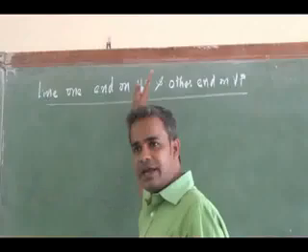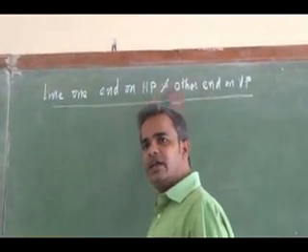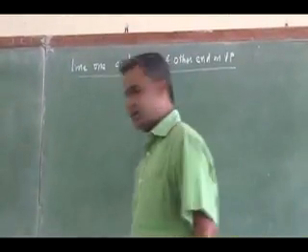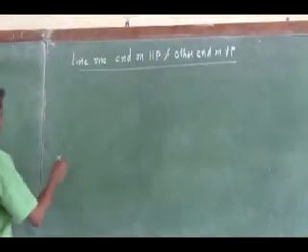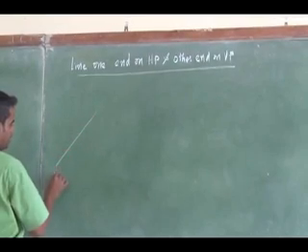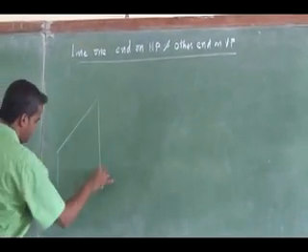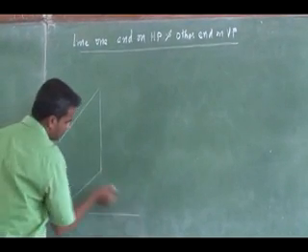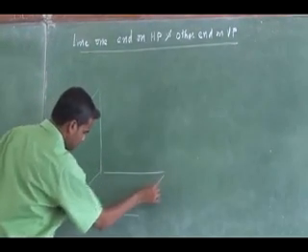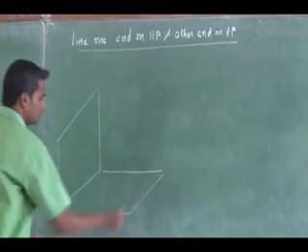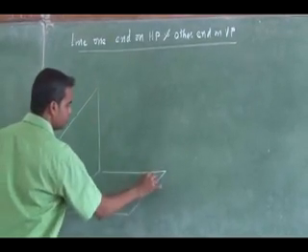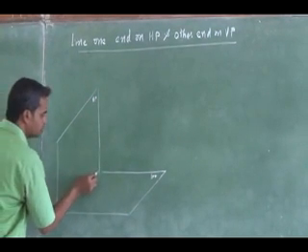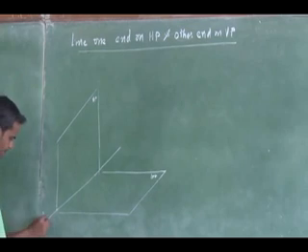You can see the line, one end is on HP, another end is on VP. So in this case, suppose I have a straight line. Just see, this is going to be my reference line.